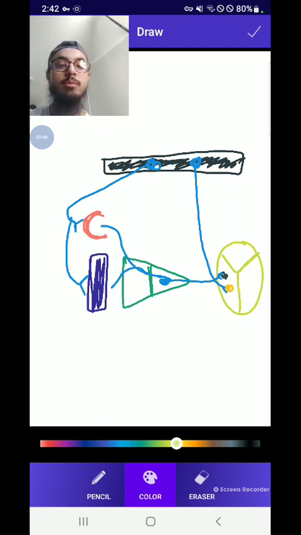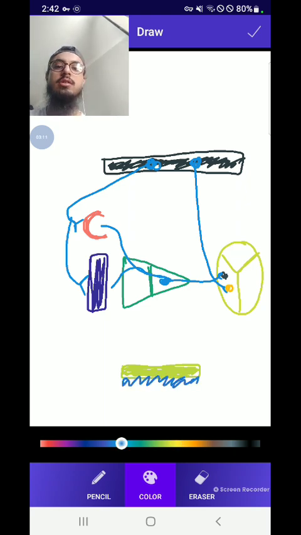Here I draw one more structure which is involved in the nigrostriatal pathway, which modulates the activity of the direct and indirect pathways. What is the name of this structure? This is the substantia nigra.